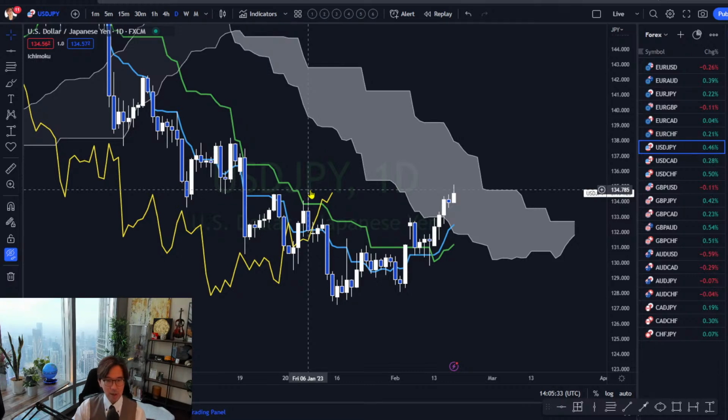But that means the market may reverse, right? Or the market may be choppy. Whenever you see the price within the Kumo in higher time frames like this, the market tends to be very choppy in the lower time frames. So we have to be very good at risk management to take a trade in this kind of condition.